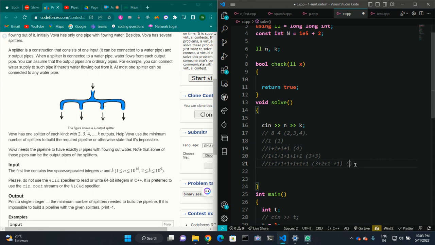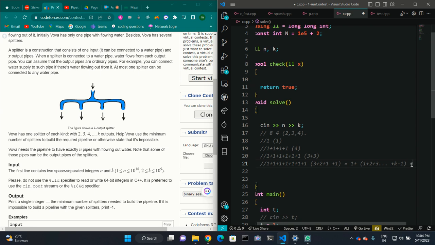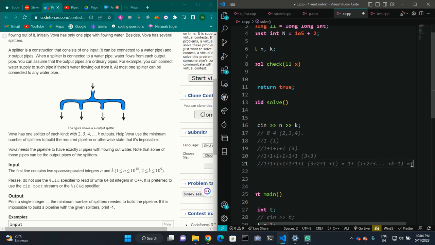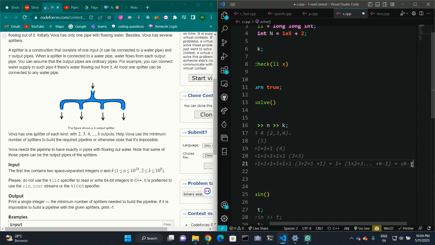So this means 1 plus 2 plus 3 up to k minus 1, right? And there is also one entering, I mean this one. Let us assume this as s of k minus 1, the sum of the first k minus 1 terms, plus 1.